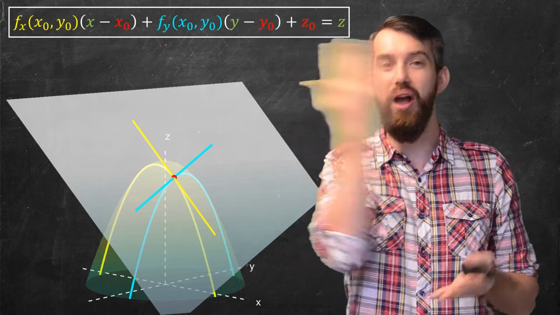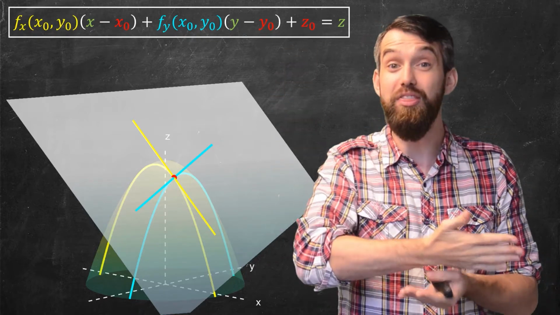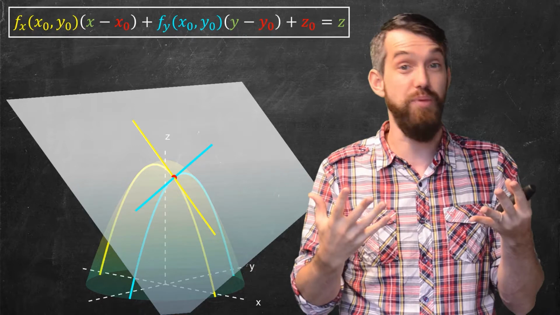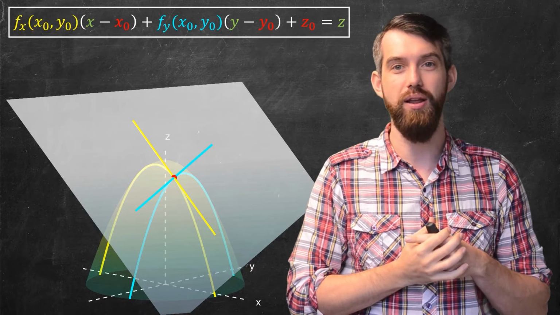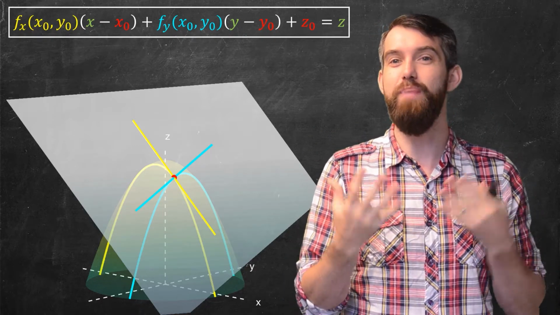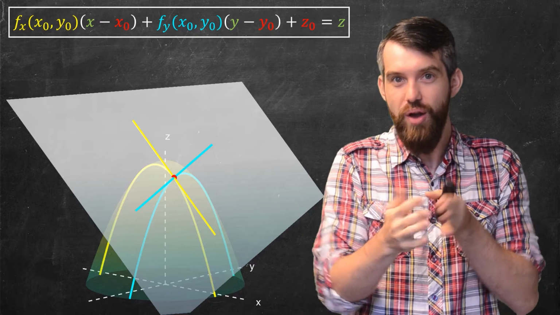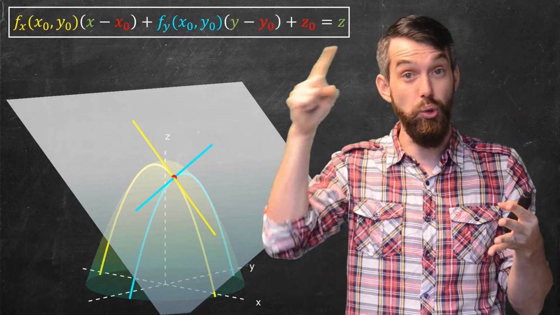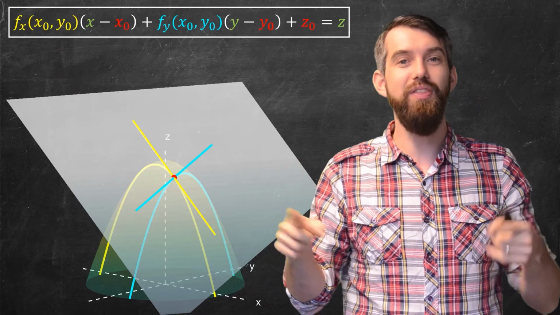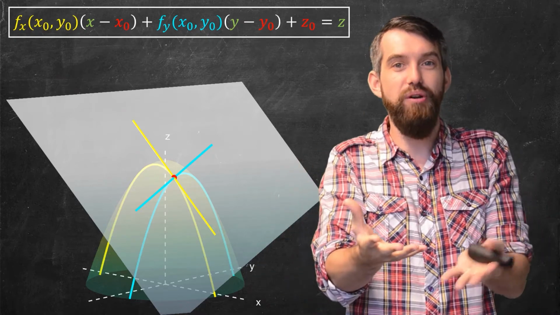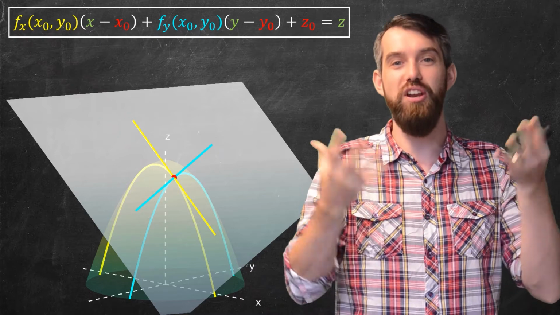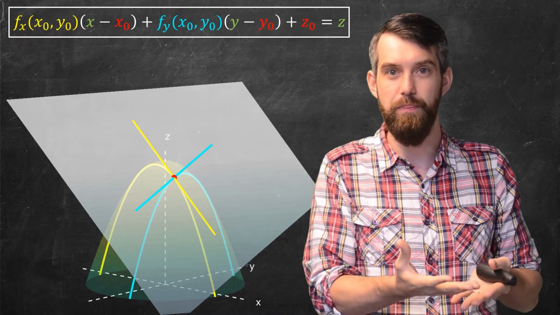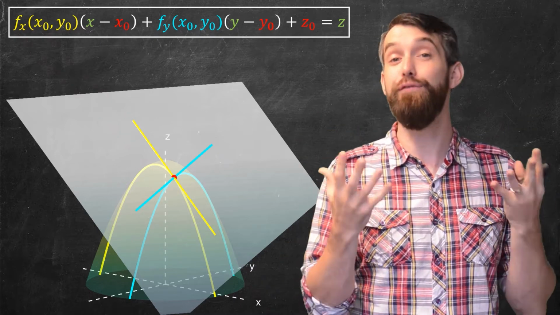If you cut the function, you cut the plane as well, and you get a tangent line when you're focusing in on y equal to y naught. Likewise, if you specify that x is equal to x naught on the original graph of the function, that turns into this blue curve. And then the tangent line to that blue curve lives within the tangent plane at the particular point. Nevertheless, we get this formula.